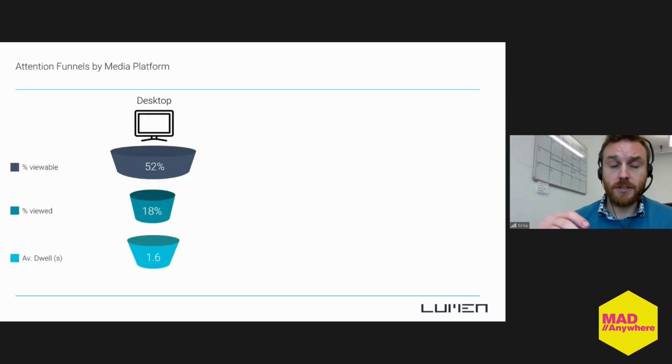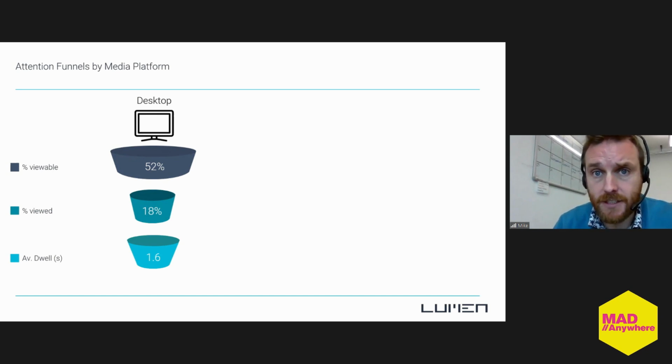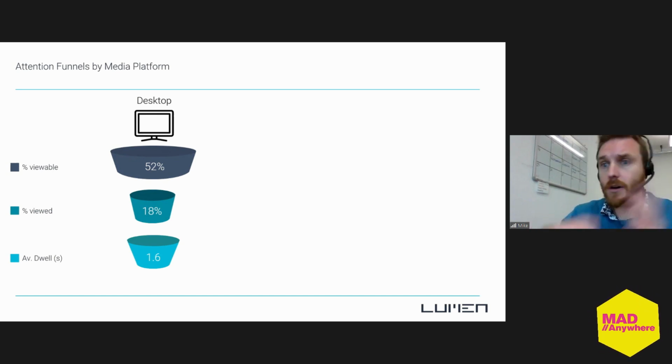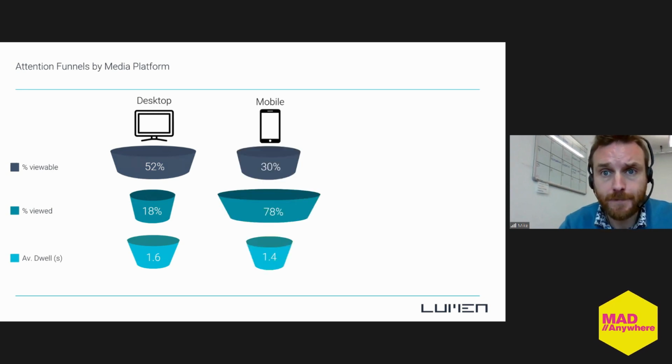It's quite interesting, because when it comes to desktop advertising, around 50% of your ads could be seen, because they don't load in time, or you've moved past them pretty quickly. Of the stuff that's viewable, only 18% of it gets looked at, and on average, this stuff gets looked at for about 1.6 seconds.